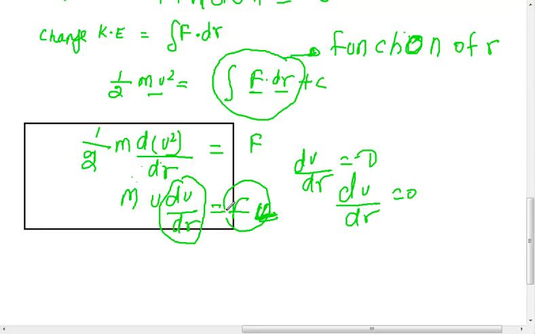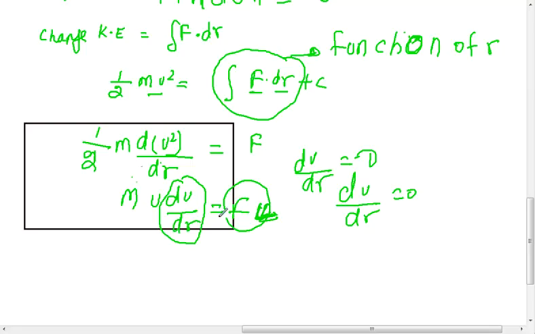When you solve this question, when you are studying such type of concept, you will learn that velocity is maximum when net force is 0. I'm trying to explain why, because mv dv by dr is basically force.